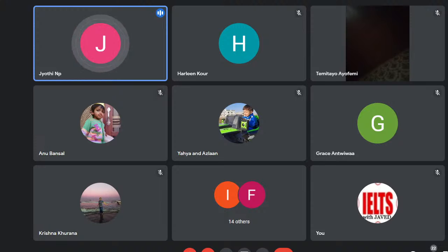Usually whenever we want to use the simple past tense, it is like the simple present. Whenever we want to talk about an action which is completed in the past, we use the simple past tense.